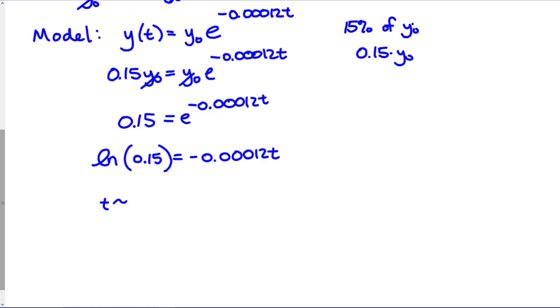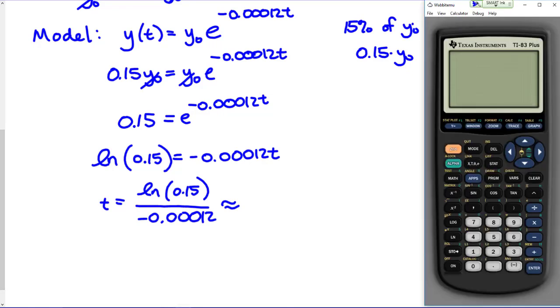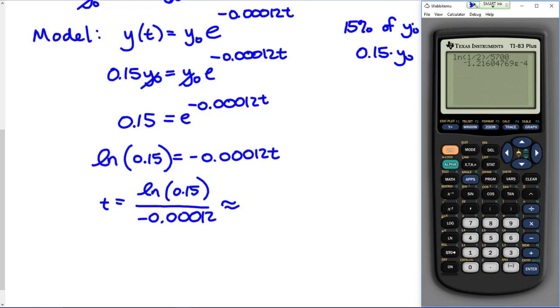So t is equal to the natural log of 0.15 over negative 0.00012, which from the calculator is, okay, natural log 0.15 divided by negative 0.00012.